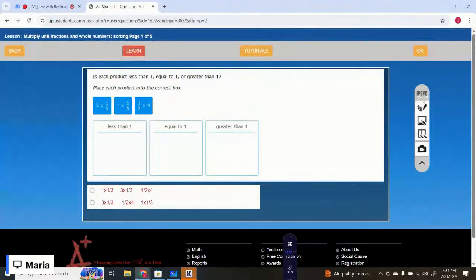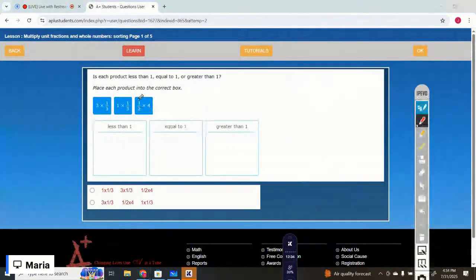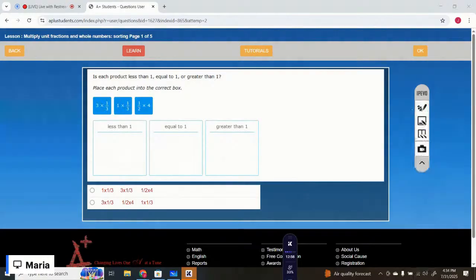That's the one we just did in the tutorial, right? 1 times 1 by 3 is less than 1, 3 times 1 by 3 is equal to 1, 4 times 1 by 2 is greater than 1. So that is 1 times 1 by 3, 3 times 1 by 3, and 1 by 2 times 4. Option number 1 is the correct option.